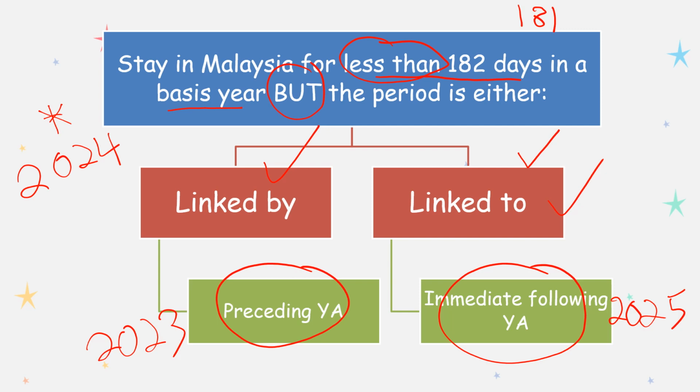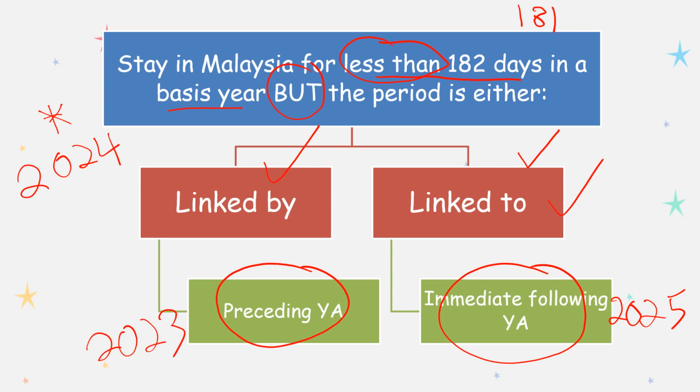So to put it in a simple way, guys, section 7, subsection 1B, you stay in Malaysia less than 182 days, but you can ask for help from last year or next year. Last year we call link by, and next year we call link to.